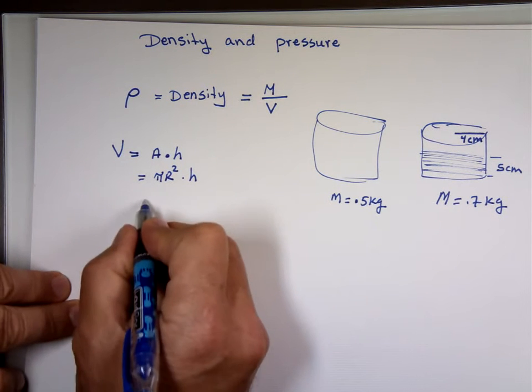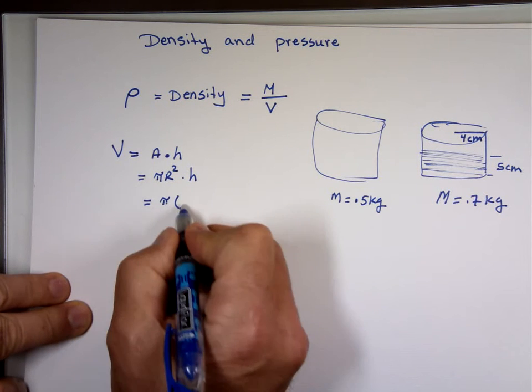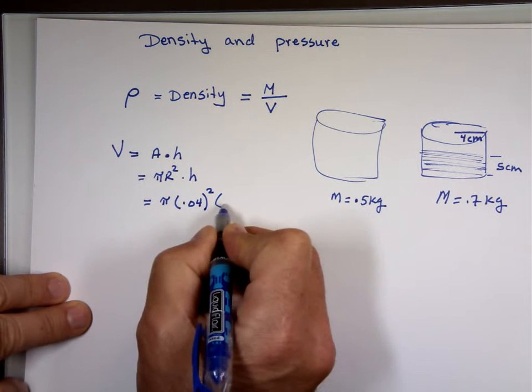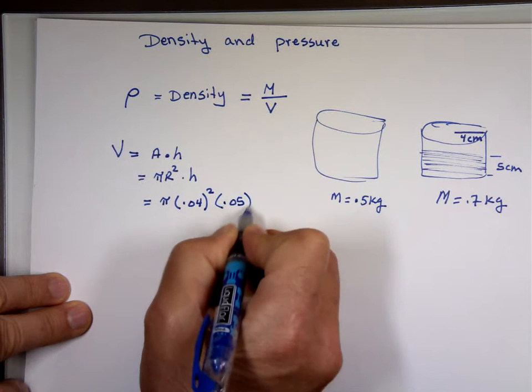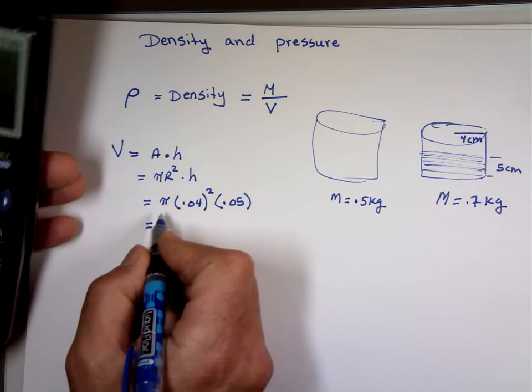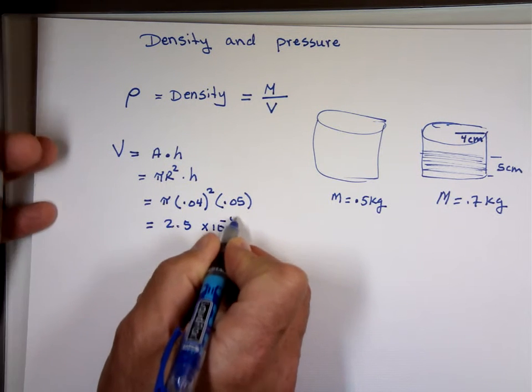So the volume of that is going to be pi times r, which is 4 centimeters, that's 0.04 meters, squared, times the height, which is 0.05 meter, which is pi times 0.04 squared times 0.05. The volume of the water is 2.5 times 10 to the negative 4.